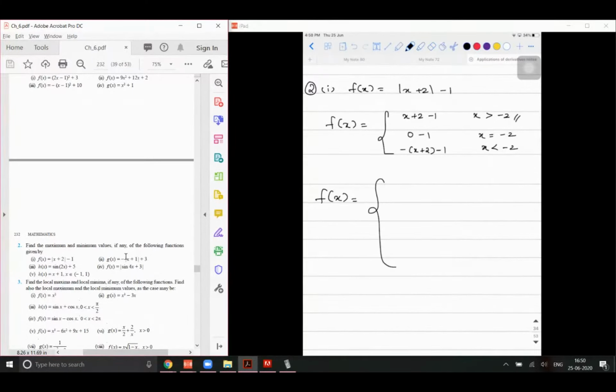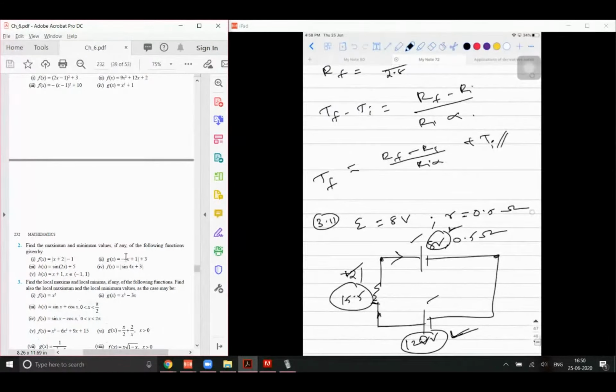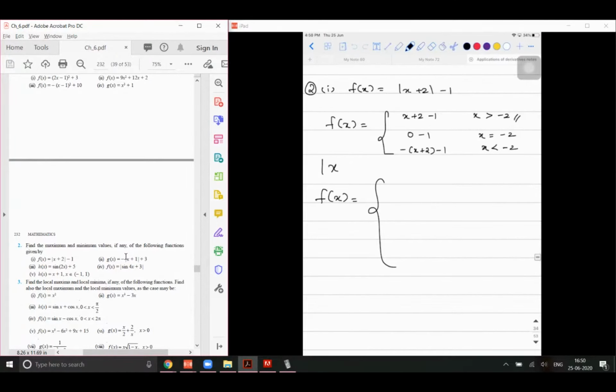So if I have modulus of x plus 2, then what I'm trying to say is this modulus will give me a positive value when I'm able to choose the values of x that I'm substituting inside, such that this value comes out to be positive always.